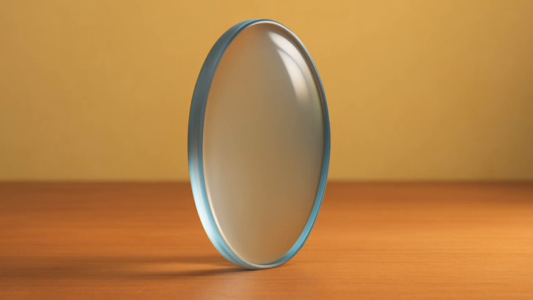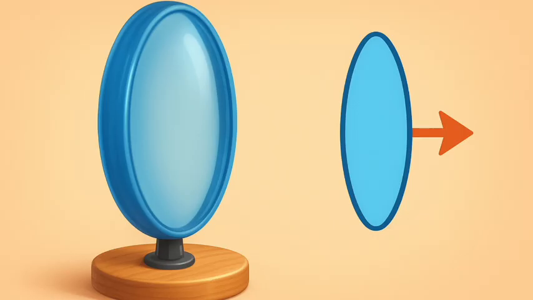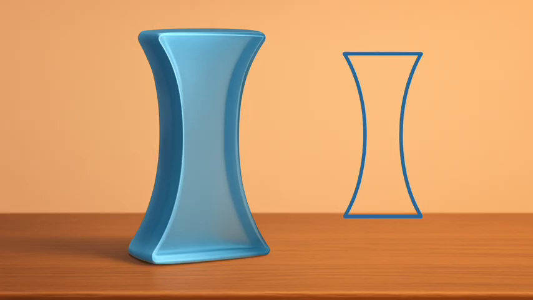A lens which is thicker at the middle as compared to the edges is called a convex lens, Fig. 10.15a. A, a convex lens, B, its representation. A lens which is thicker at the edges as compared to the middle is called a concave lens, Fig. 10.16b.